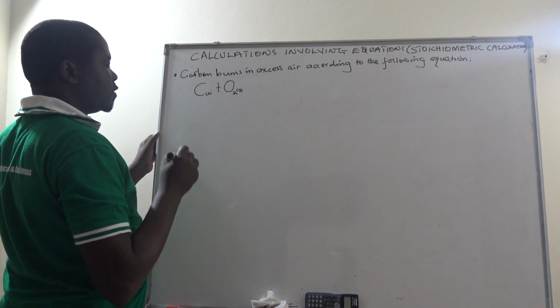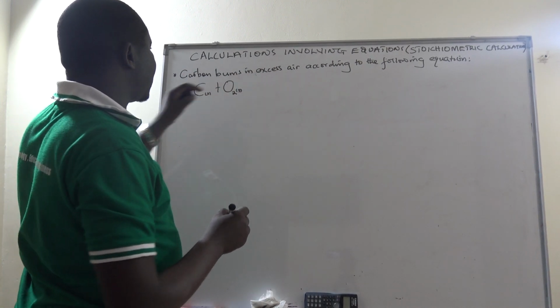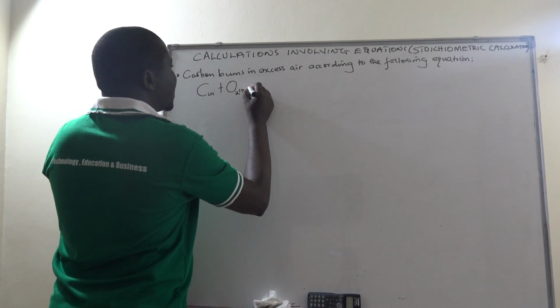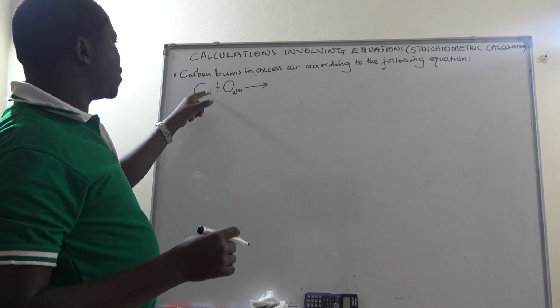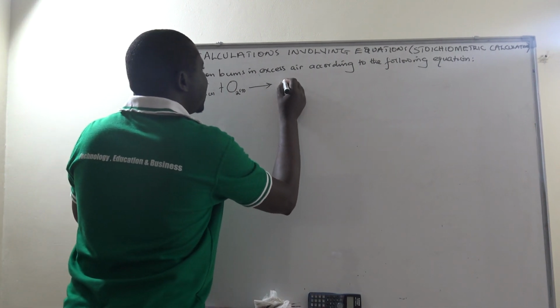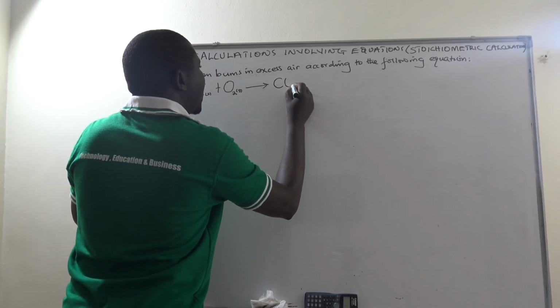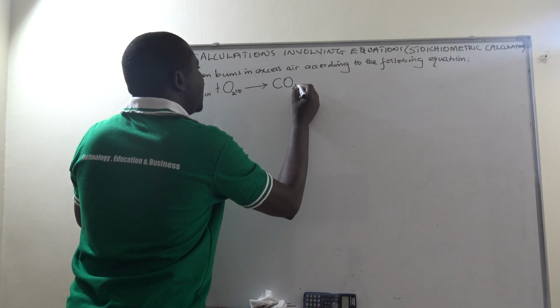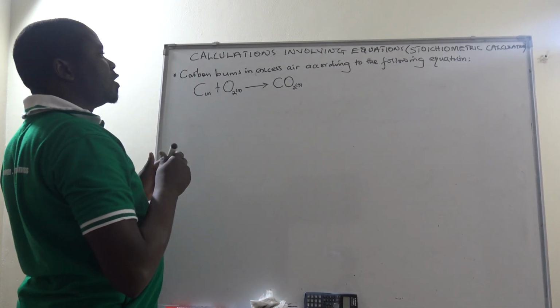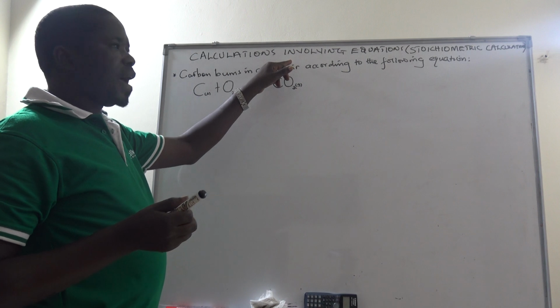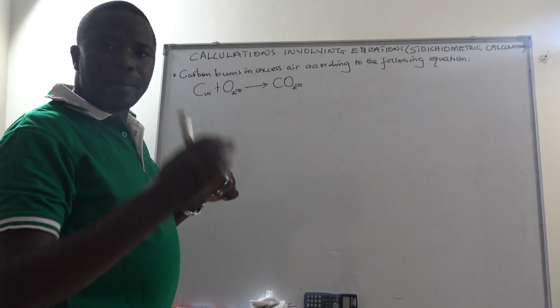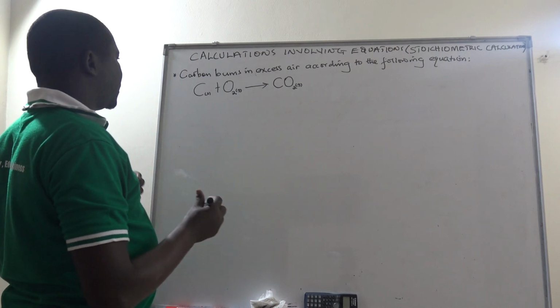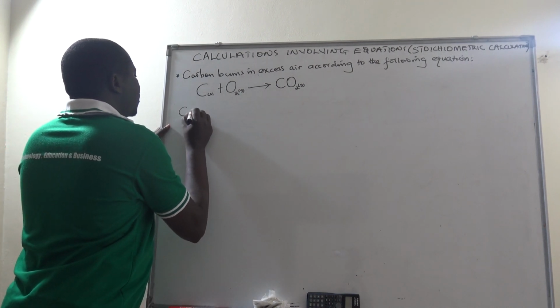Burning involves oxygen gas. So we are using excess air, meaning that the product that is going to be got in this case is a product of complete combustion of carbon, which is carbon dioxide gas. If it was an incomplete combustion where we have a limited supply or insufficient supply of air, then we would get carbon monoxide gas.